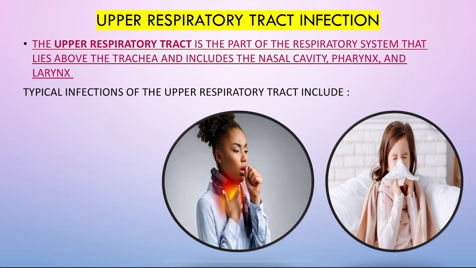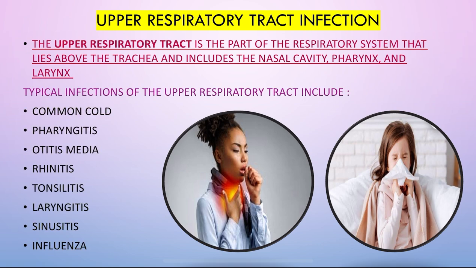The upper respiratory tract is a part of the respiratory system which lies above the trachea. It includes the nasal cavity, pharynx, larynx. And what are the infections which the upper respiratory tract includes? Beginning with the nasal cavity, you can remember the common cold. Then comes pharynx, we have pharyngitis.